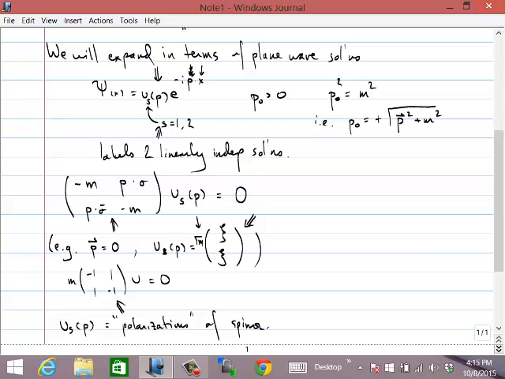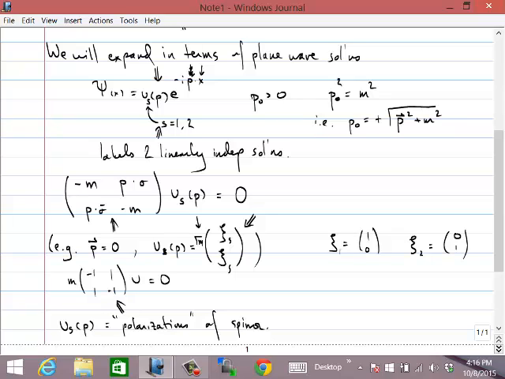Of course, there are many different bases that we could choose. For example, we could choose a basis of solutions where zeta 1, where S is equal to 1, could be 1, 0, and zeta 2 would be 0, 1. This would be something like a linear polarization.